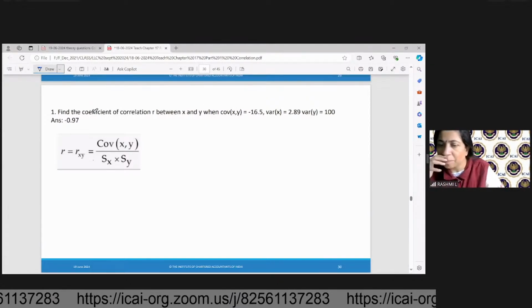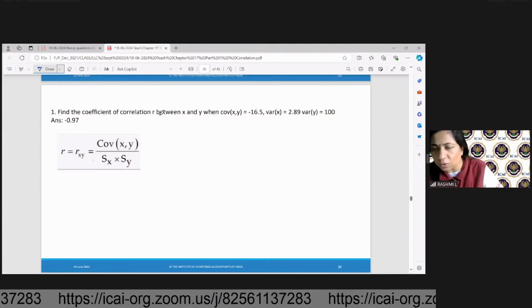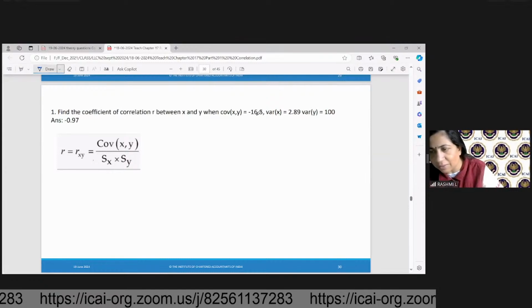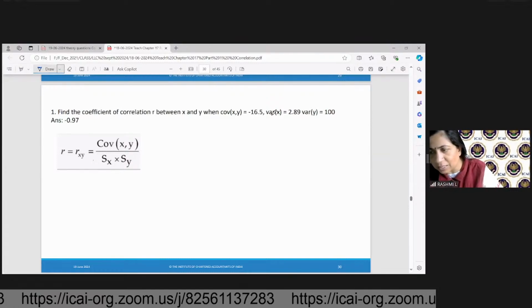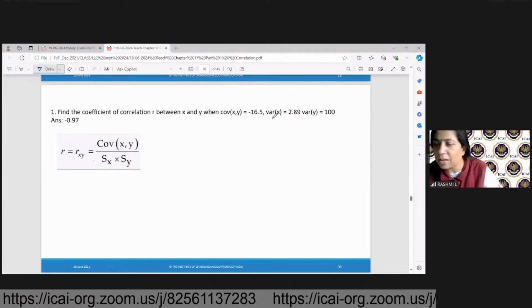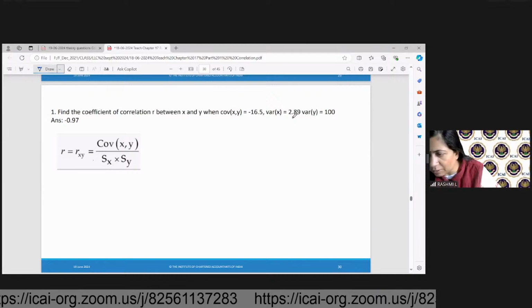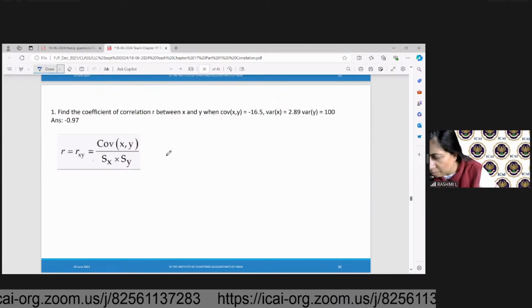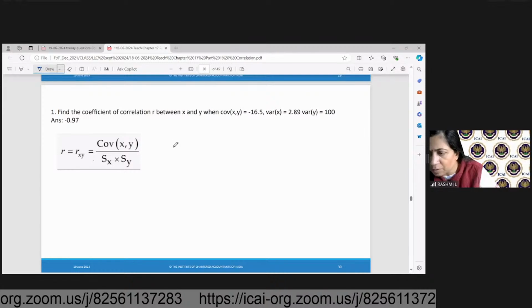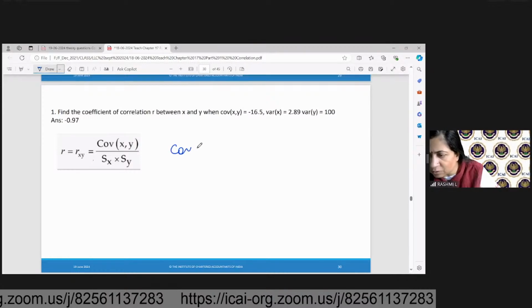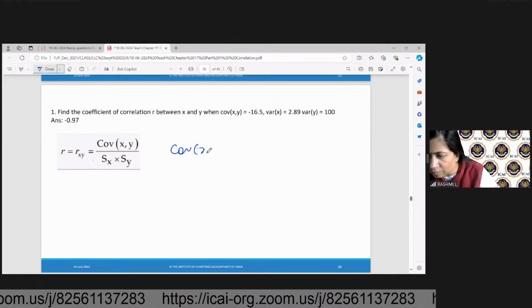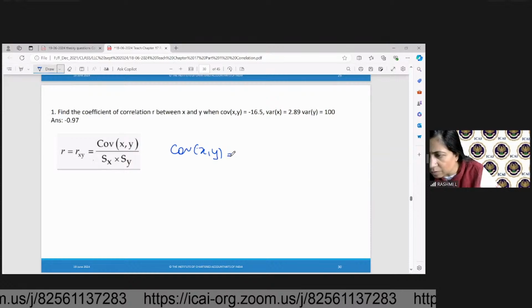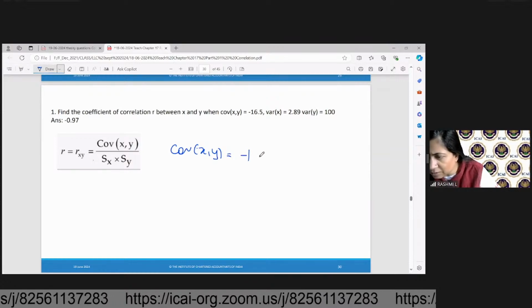Find the coefficient of correlation R between X and Y when covariance XY is equal to minus 16.5, variance of X is 2.89, variance of Y is 100. So covariance is given to you, minus 16.5.